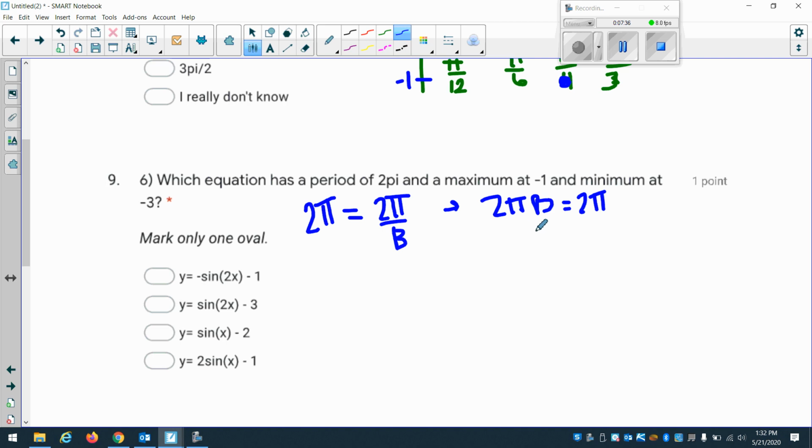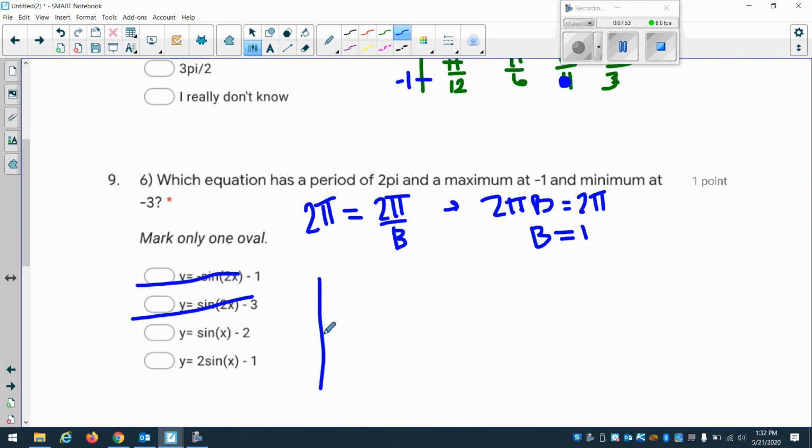When you divide by 2 pi, b equals 1. So automatically, we could cross out this one and that one because they don't have a b value of 1. So now we're left with, okay, which one is this going to be?